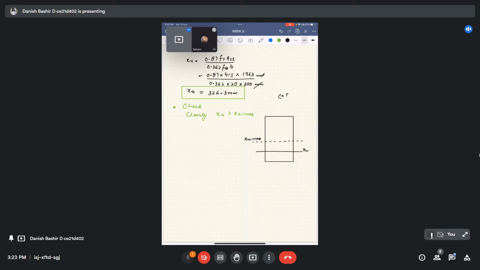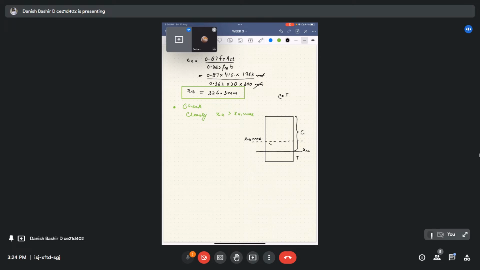XU came like this. It means that our steel has not yielded. This whole is the compression area. This is the section of the beam that is active in taking the compression, and only this portion is in tension. But this is not true. It has gone below the XU max.